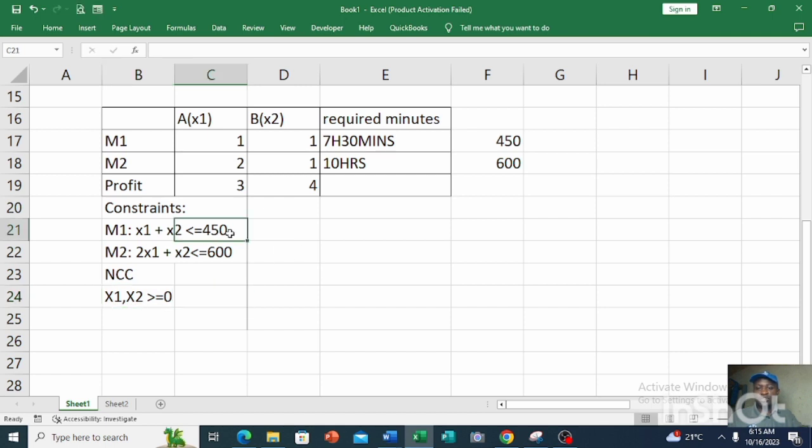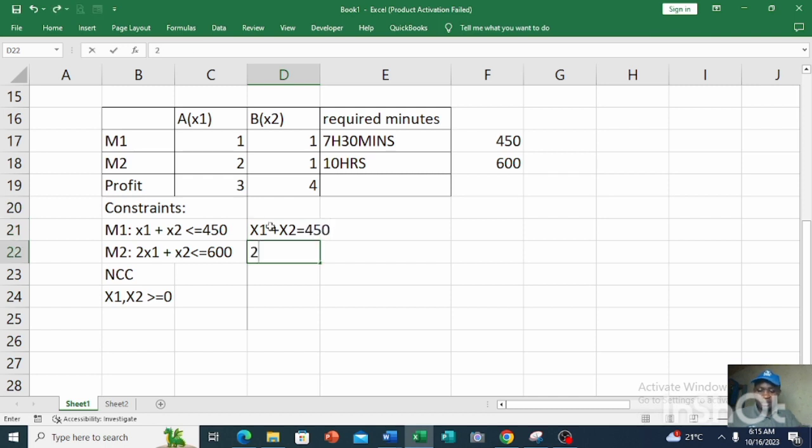All right, so we are going to solve these two simultaneous equations. In this context, we are not using the graphical approach, so we are going to solve the equations normally. So we are going to transform the inequalities to equation signs. So we have x1 plus x2 equal to 450.